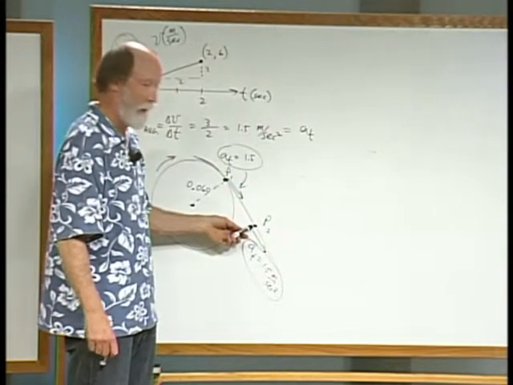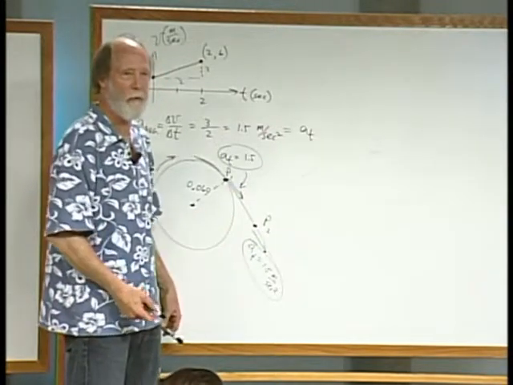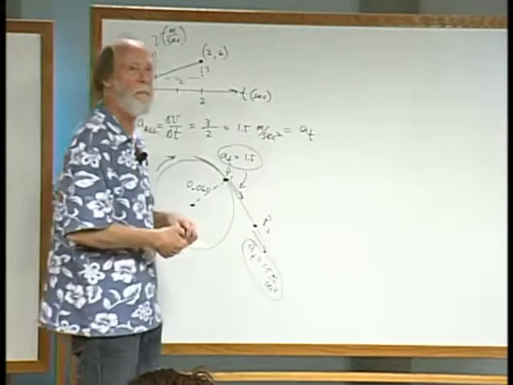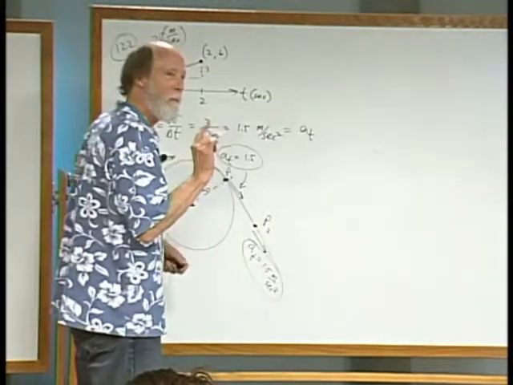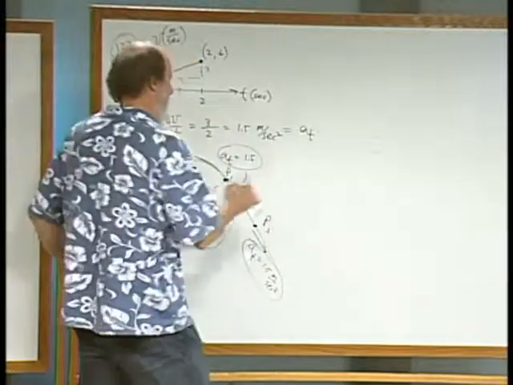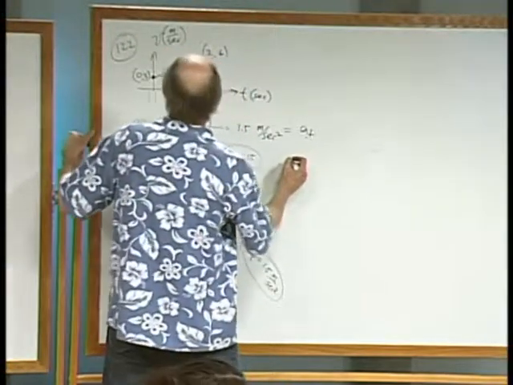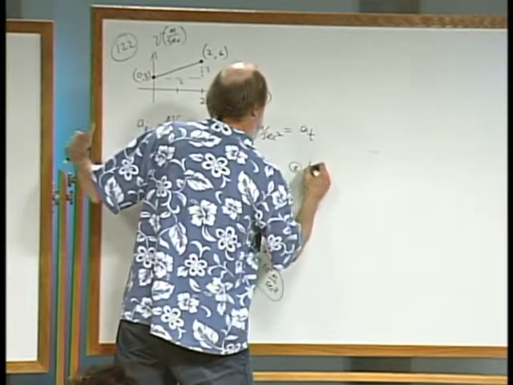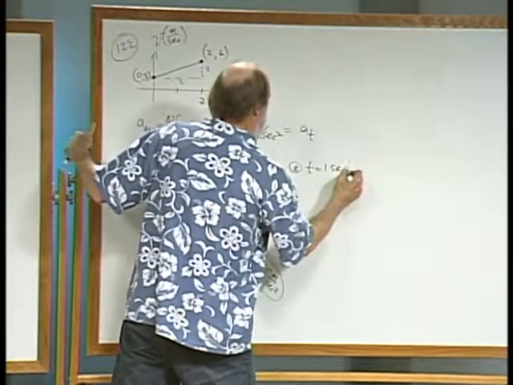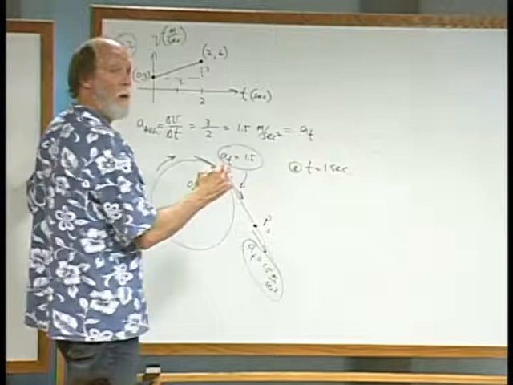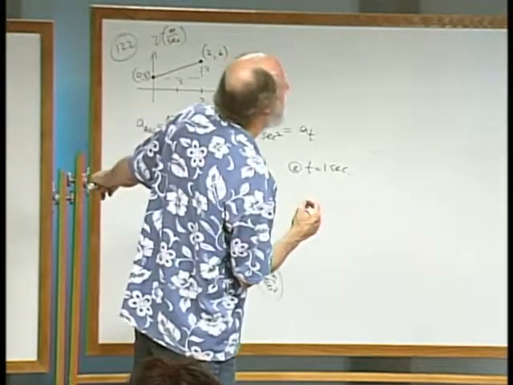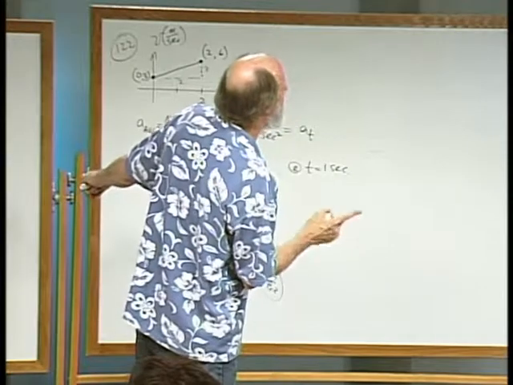Now, what I forgot to write down is what we're supposed to solve in this problem: the magnitudes of the accelerations of both points halfway through the time interval. So we're looking at 1 second. At t equals 1 second, we're looking for the magnitude of the acceleration of P1 and P2.